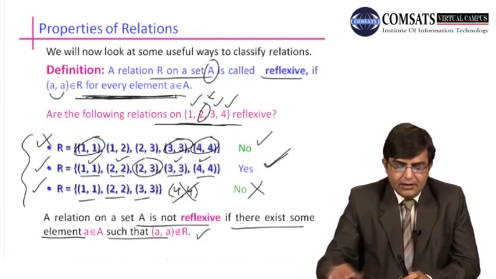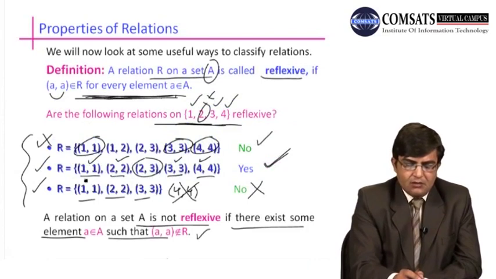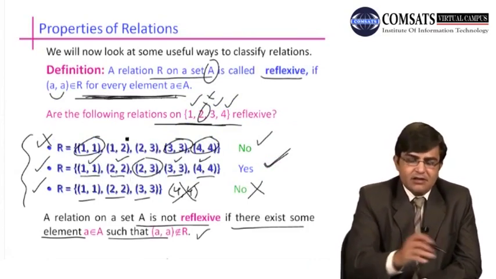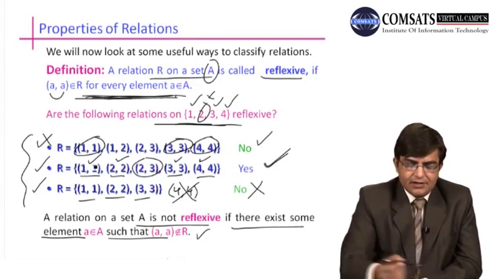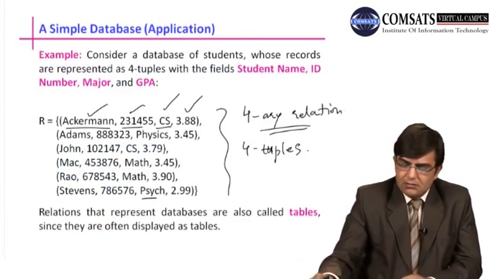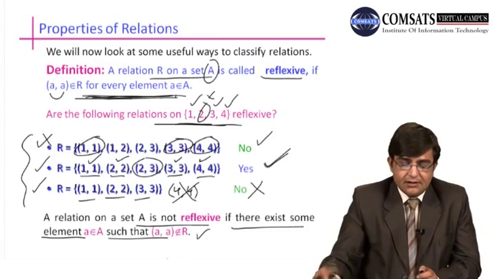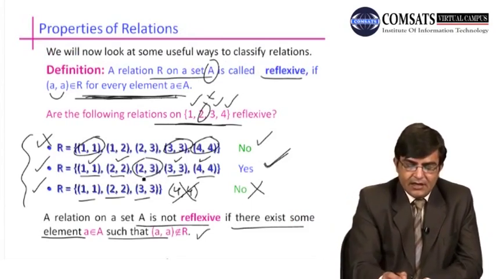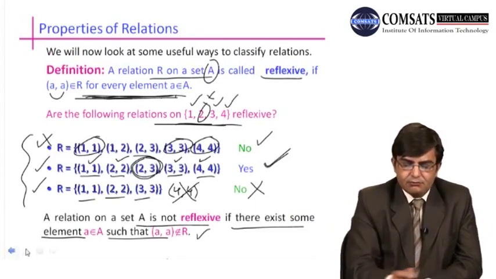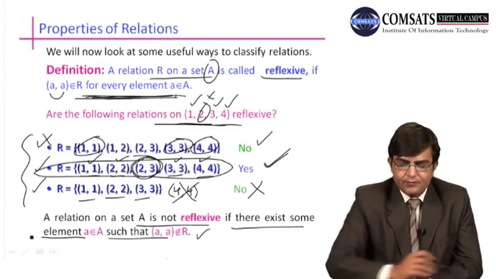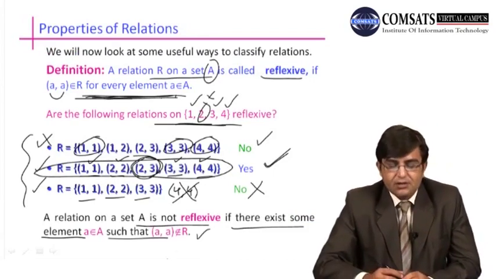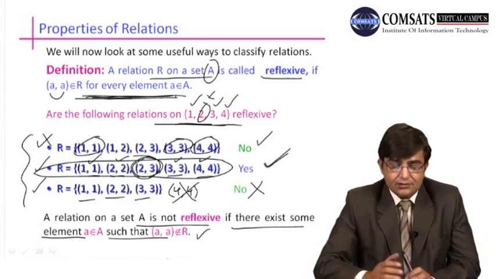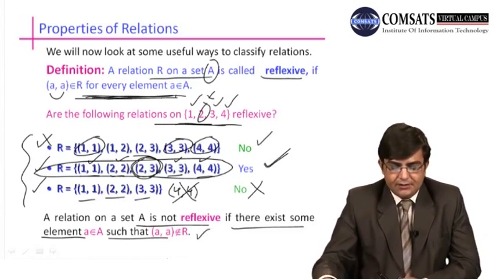Means if 1 1, 2 2 are in R, and 1 1 is in R, meaning if we take the same element, it doesn't matter. If we have different elements A, B, such as 2 3 here but 3 2 is not present in this relation, then this relation is not symmetric.